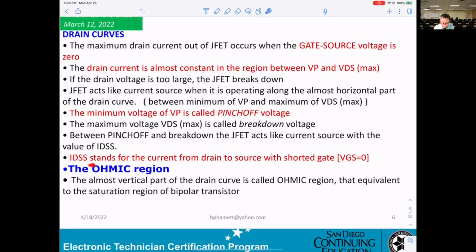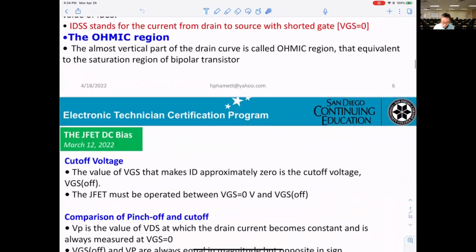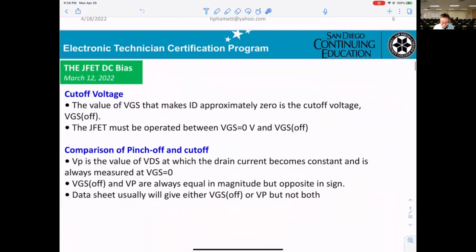So IDSS stands for the current from drain to source with shorted gate, VGS equal 0. The ohmic region, the almost vertical part of the drain curve, is equivalent to the saturation region of the bipolar transistor.